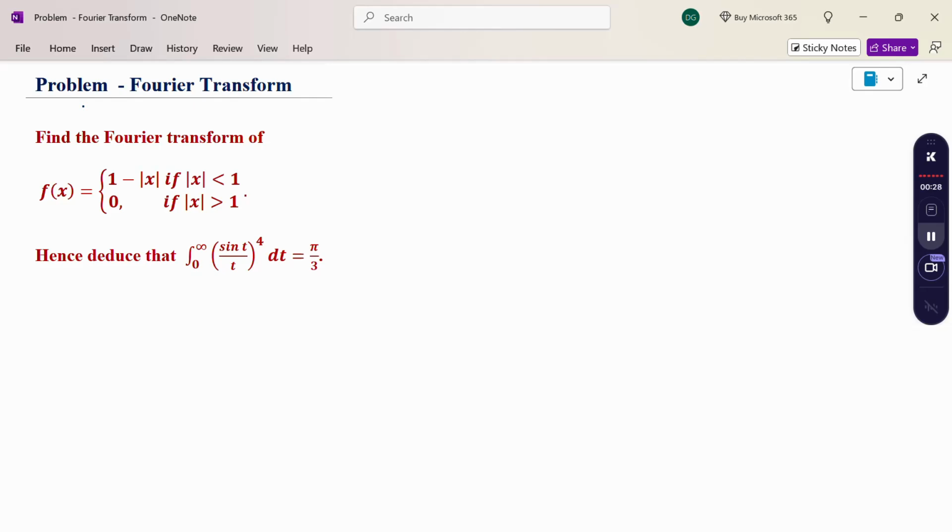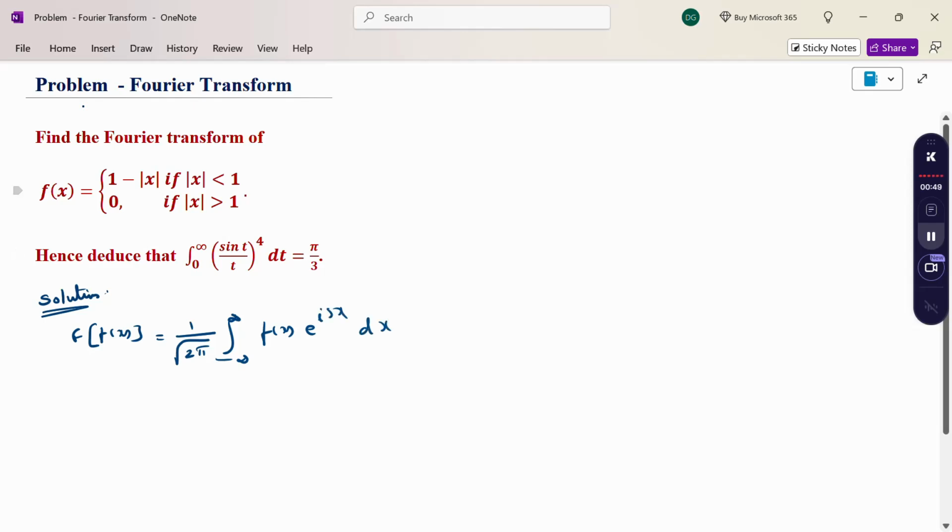First of all, the Fourier transform F(s) = 1/sqrt(2 pi) times the integral from minus infinity to plus infinity of f(x) e^(isx) dx.